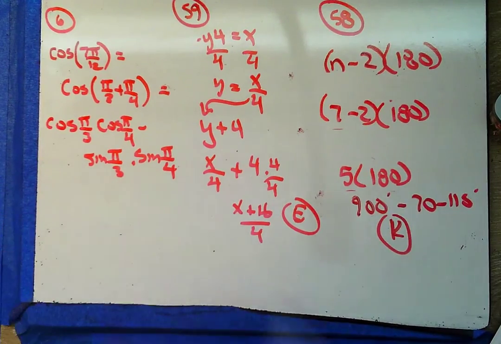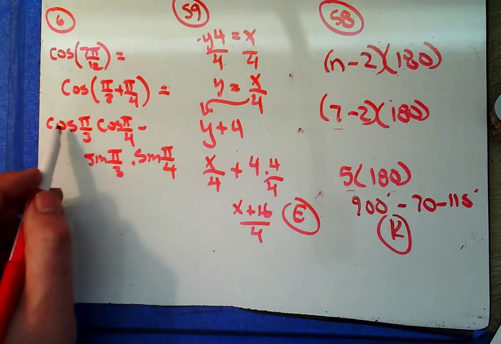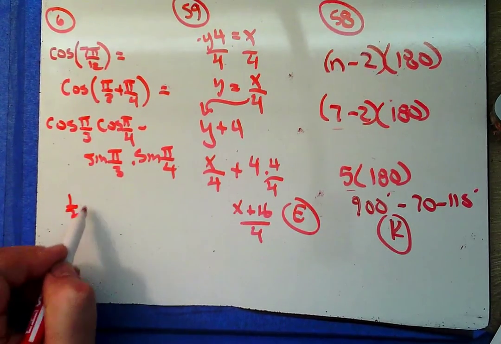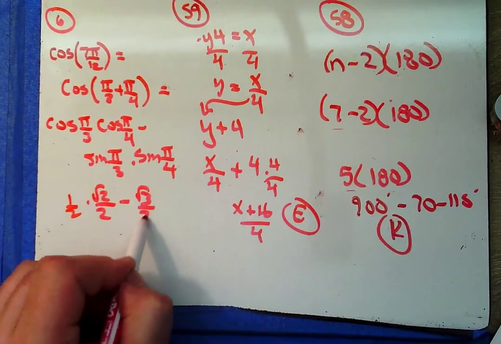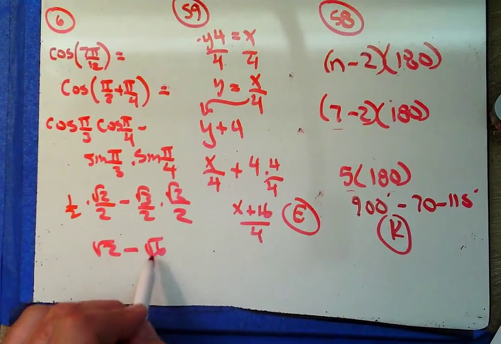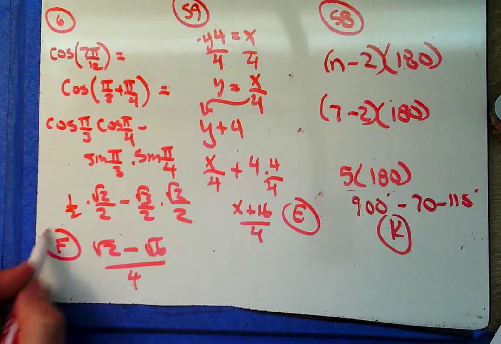Cosine of pi over 3, we know, they even gave us the unit circle values, but we've memorized them, so this will go very fast. We've got 1/2 times root 2 over 2 minus root 3 over 2 times root 2 over 2. Root 2 minus root 6 over 4 is my answer, and that is choice F.